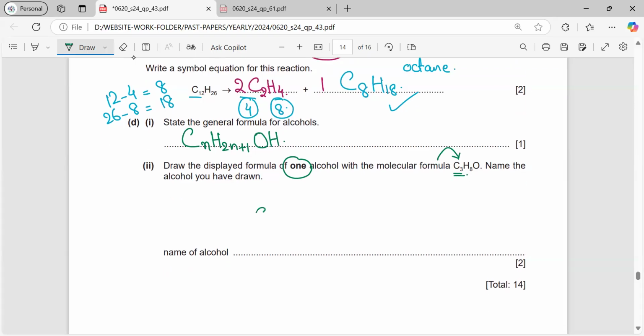So we can make 3 carbons in a row: 1, 2, 3. On any carbon, we can attach OH, because they have not written whether to attach it on the first carbon or the last carbon. So we can draw it anywhere. Then we complete the rest of the valency of carbon with hydrogen atoms.